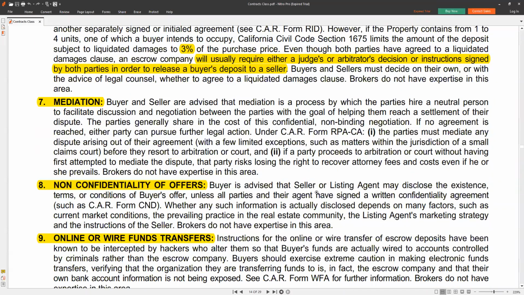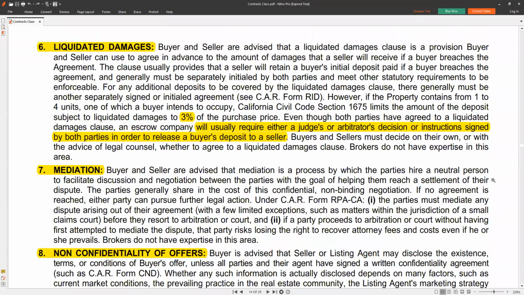Fred, just a reminder, because I get this almost every week. Sure. With liquidated damages, if there's a dispute between the buyer and seller, in order for that money to be released, both parties have to agree for it to be released to one party or the other. Correct.